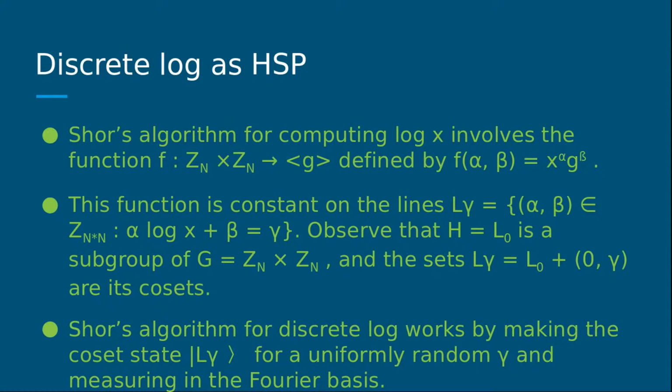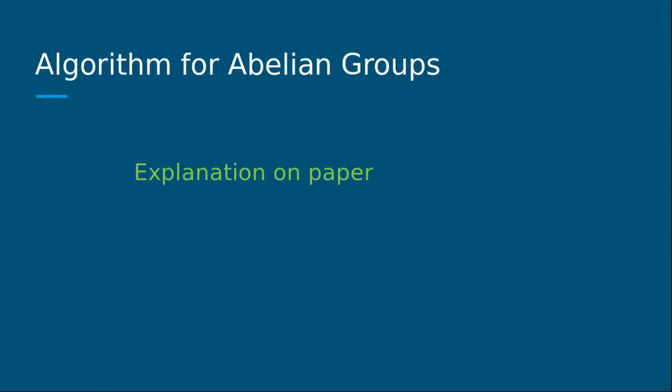We can find a subgroup L0, which we will term H, of the group G which is Zn cross Zn, and the sets Ly equal to L0 plus (0, y) are its cosets. Shor's algorithm for the discrete log works by making the cosets Ly for a uniformly random y and measuring in the Fourier basis.